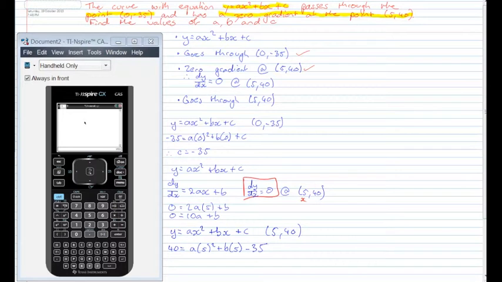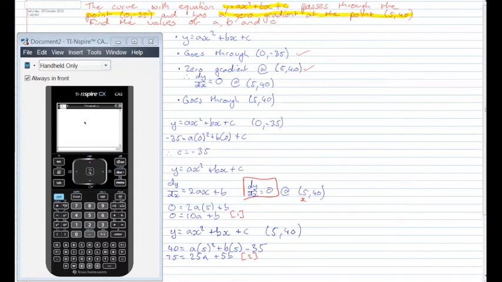Rearrange that, adding the 35, and you get 75 equals 25a plus 5b. Let's label these equations. Because we're trying to find a and b, we're going to have to do simultaneous equations. So we'll call this equation 1 and we'll call this equation 2.